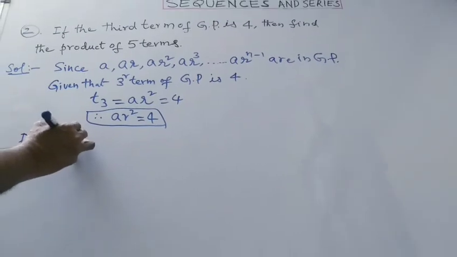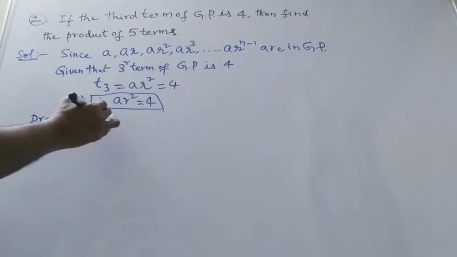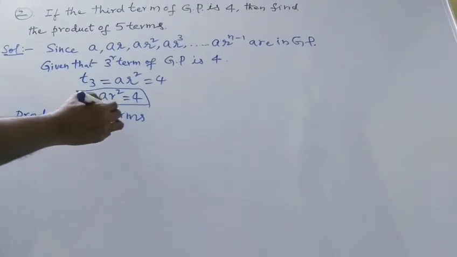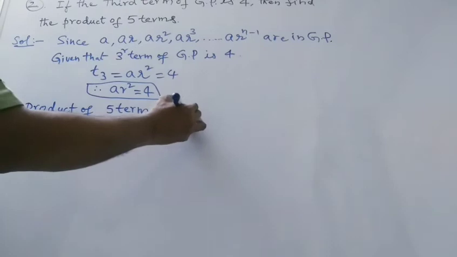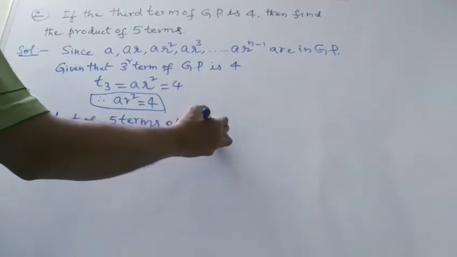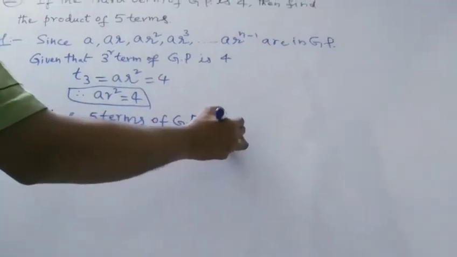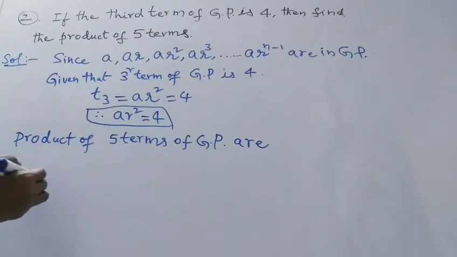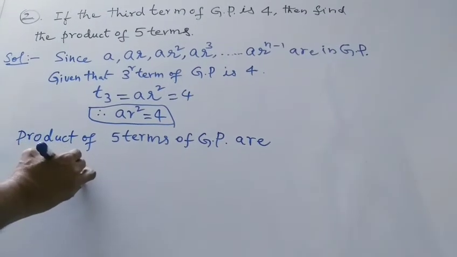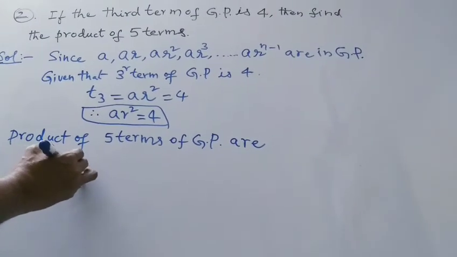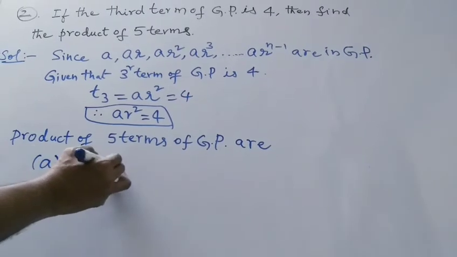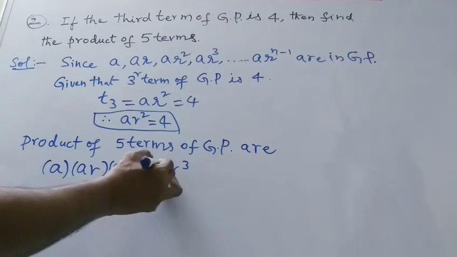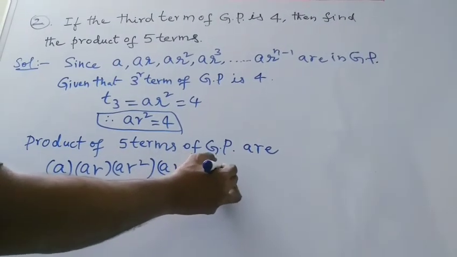The product of 5 terms of the geometric progression is A into AR into AR square into AR cube into AR to the power of 4.